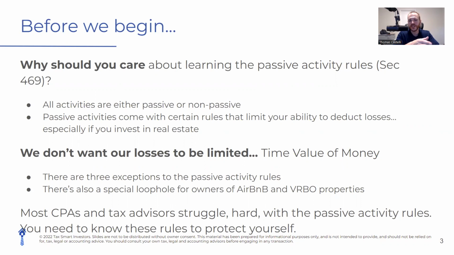And that's $115,000 that you didn't have before. So that's the power of the time value of money, and that's what makes investing so powerful. And the reason why we want our losses to be non-passive is so that we can take that tax savings and reinvest it and keep our wealth growing. And the good news is there are some ways around these passive activity rules, and that's what we're going to discuss tonight.